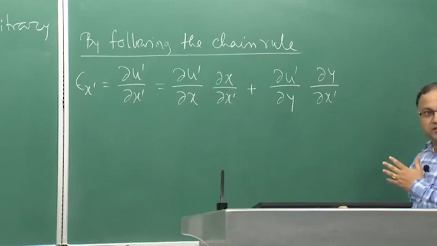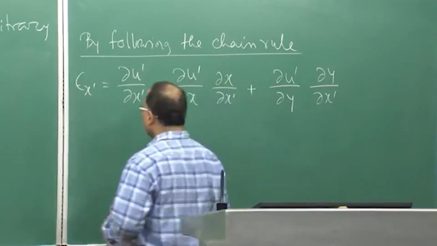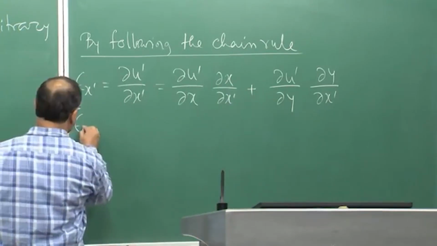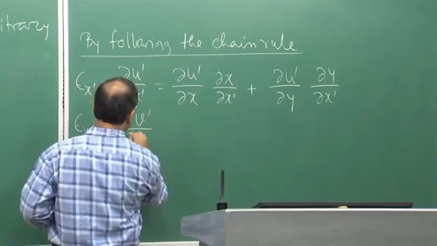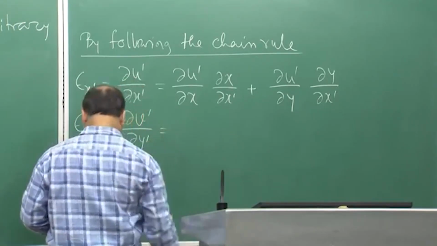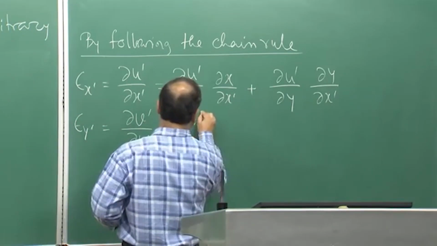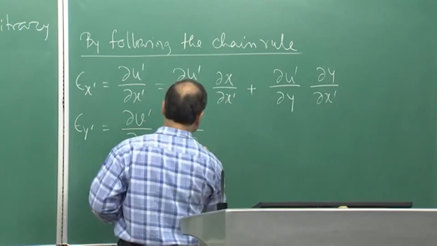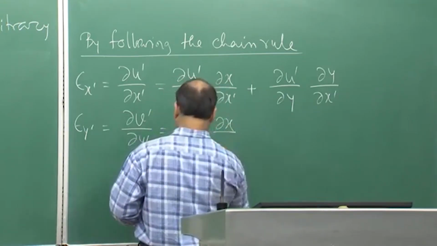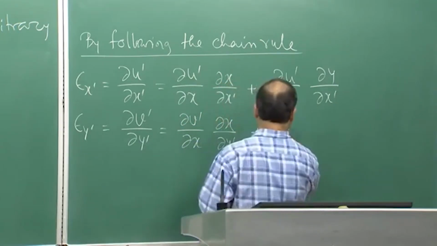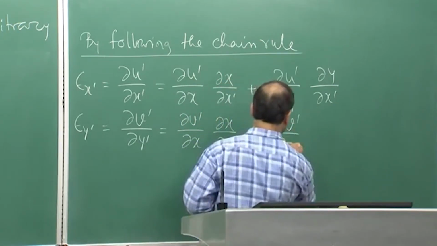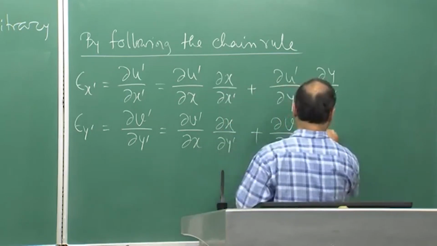Can I write that? Yes, I can write it, by following the chain rule. Similarly, I can write epsilon y prime, which is nothing but del v prime del y prime, that is del v prime del x times del x del y prime plus del v prime del y times del y del y prime.